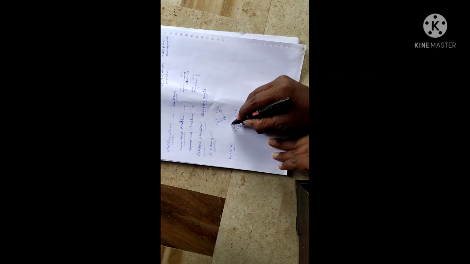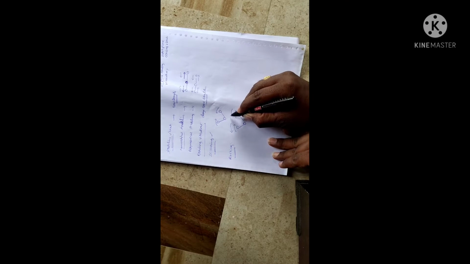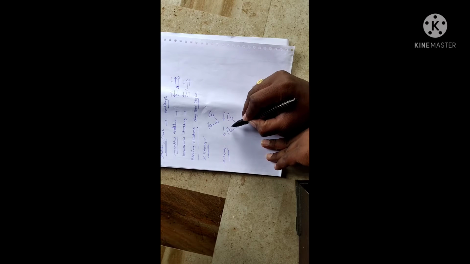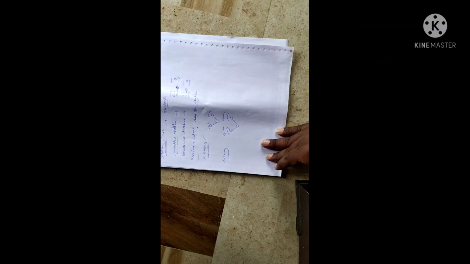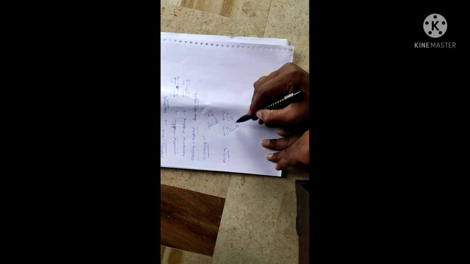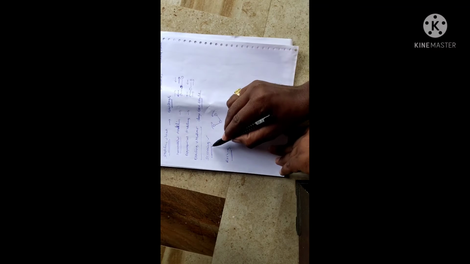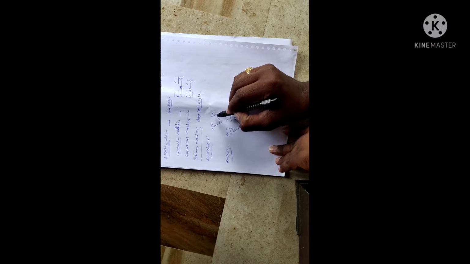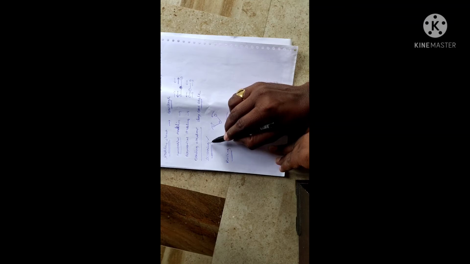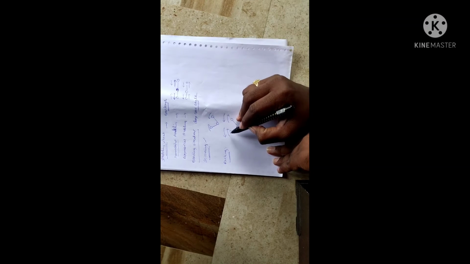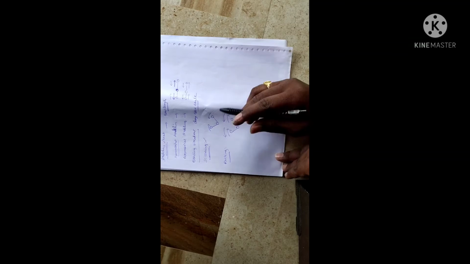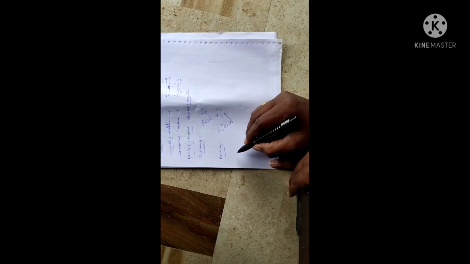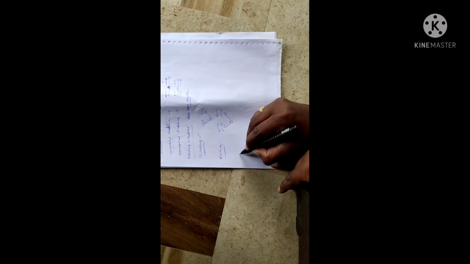Same directional rotations in plane is rocking. Here also the bond angle will be changing. Scissoring means in plane opposite directional rotations, and in plane same directional rotations is rocking. Next, come to the wagging.